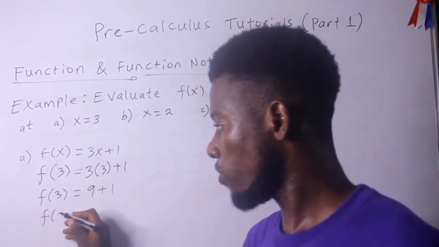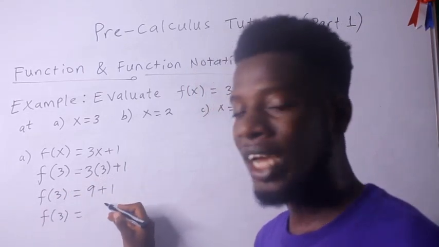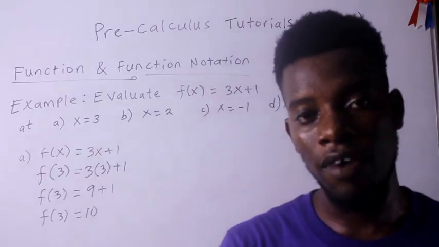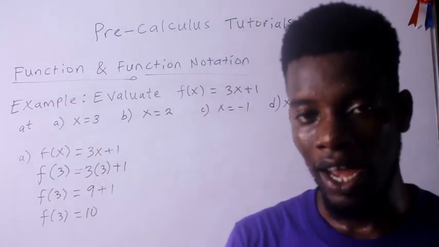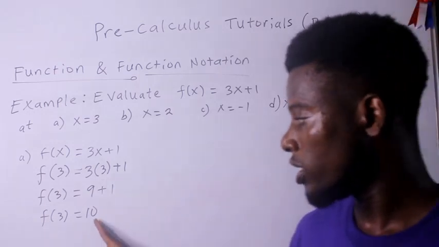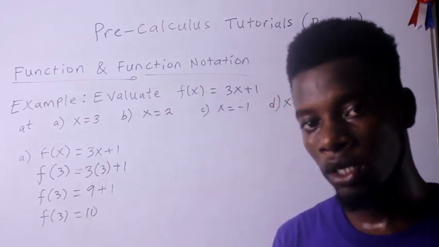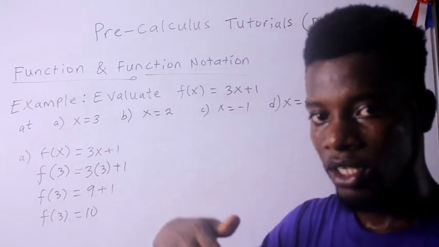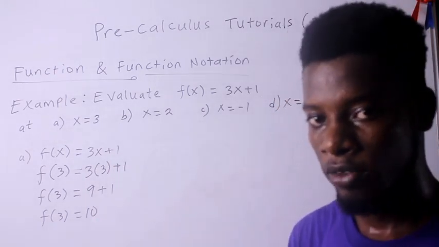And f of 3 is just 9 plus 1, which is 10. This means that the value of f of x at x equals 3 is 10. In other words, for this particular function, if the input value is 3, then the output value will be 10.